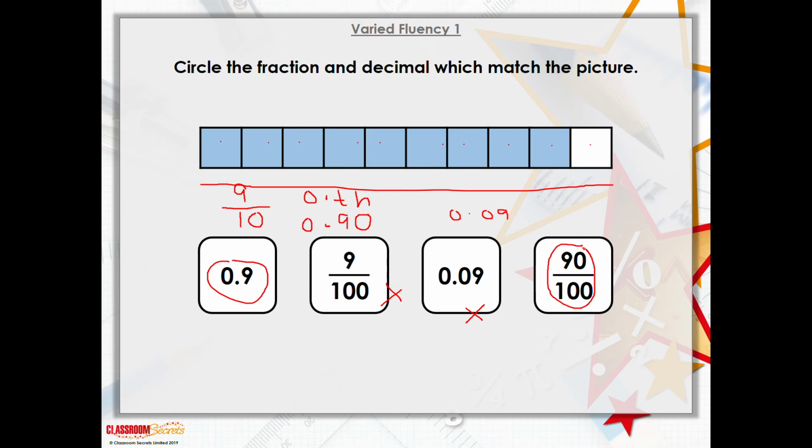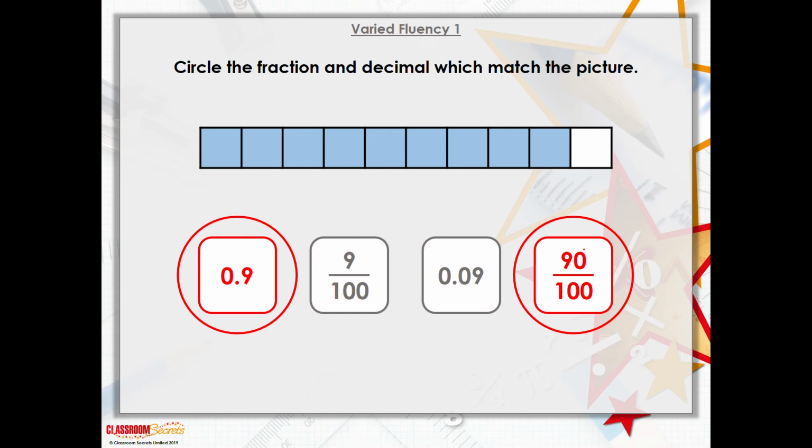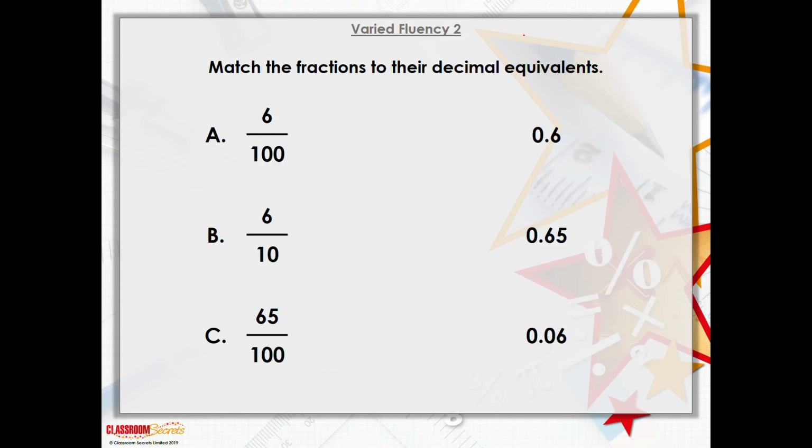Right, let's have a look at our second task. It says here, match the fractions to their decimal equivalents. So what I'm going to do, I'm going to do my place value grid. Remember, we're looking at decimal numbers, so I'm going to place a 0 in my ones, and I'm looking at 6 hundredths. I haven't actually hit a tenth yet, because there's 10 hundredths in a tenth.